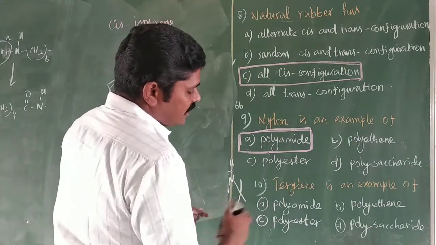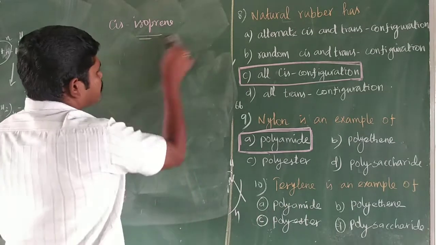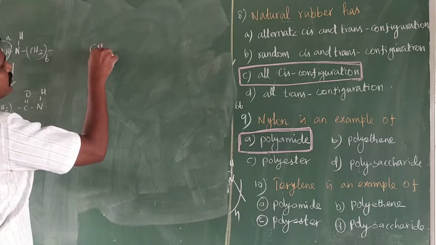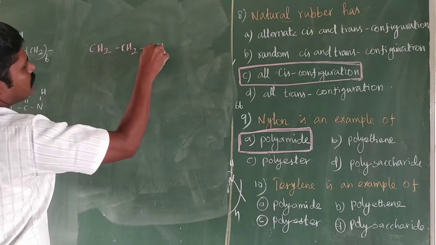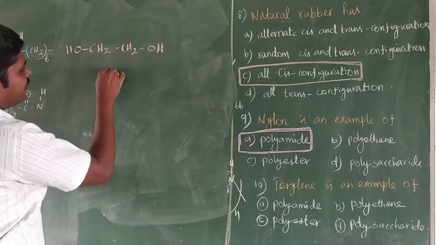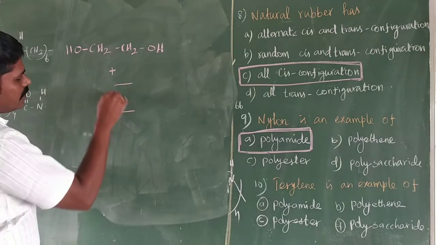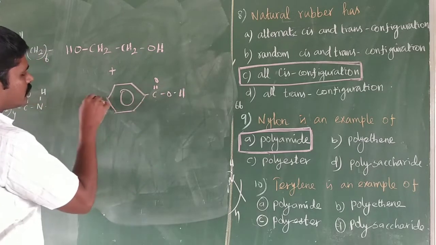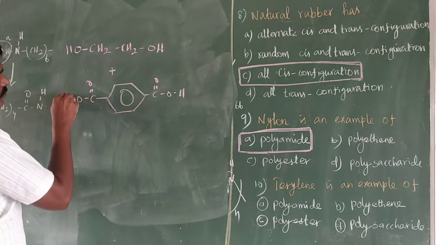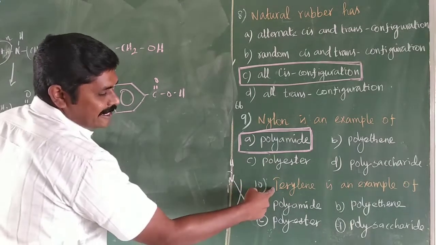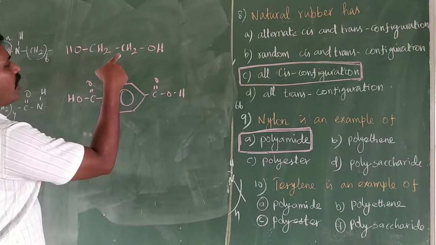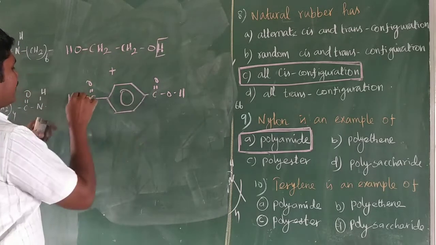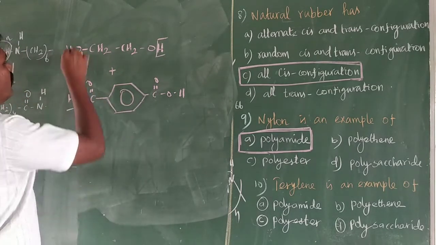The 10th one, terylene is an example of... Terylene is prepared from a mixture of ethylene glycol and terephthalic acid. So H and OH eliminate a water molecule.